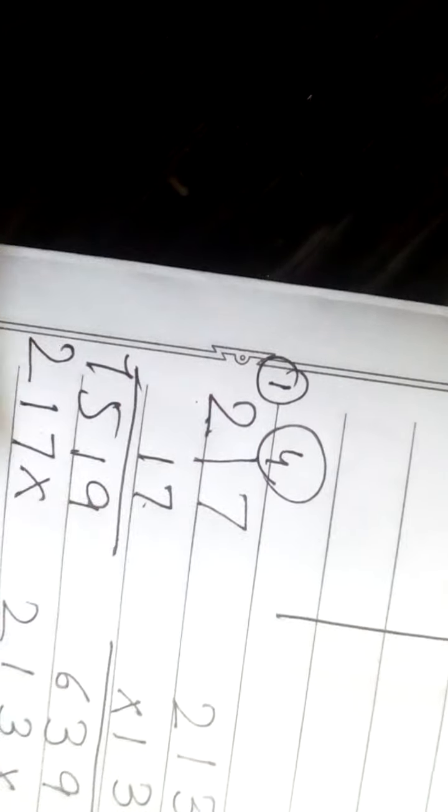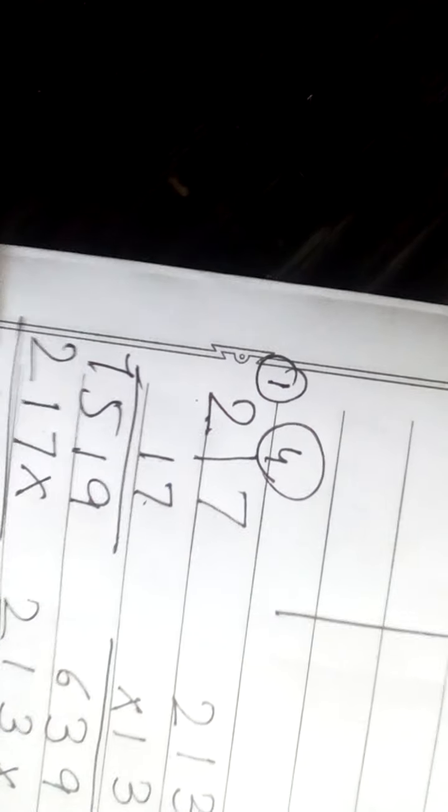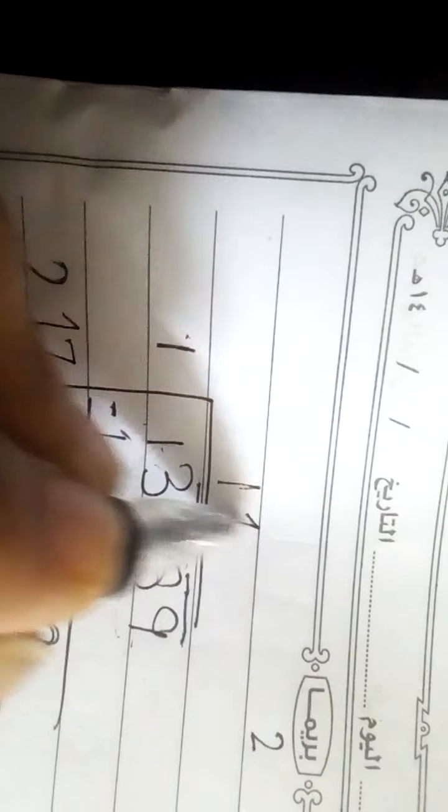Okay, 217 multiply 17. 7 sevens are 49, 4 carry, 7 ones are 7 plus 4 is 11, 1 carry, 7 twos are 14 plus 1 is 15. Multiply 1 sevens are 7, 1 ones are 1, 1 twos are 2. 9, 8, 6, 3, 6, 8, 9. It means that we multiply 17 here and also write 17 here. Then we write here 3, 6, 8, 9.